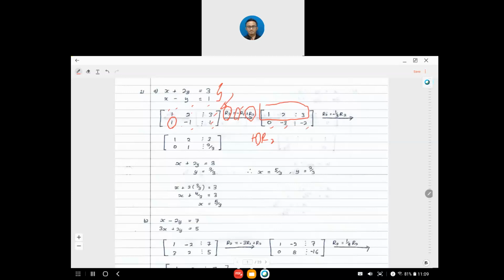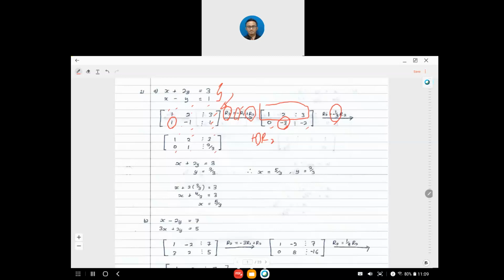And then, because this is back substitution, you need to change the last item here to 1. How to change -3 to become 1? You must multiply by -1/3. So you get 1, 2, 3, copying the same values from the previous one, and then 0, 1, 2/3.